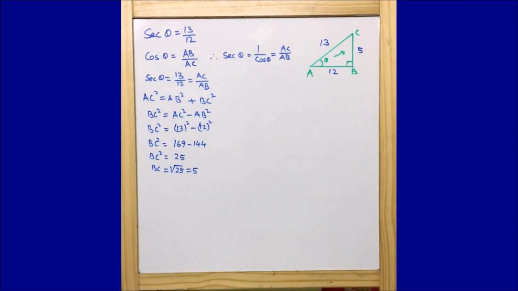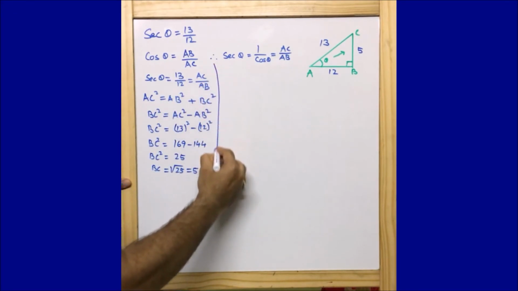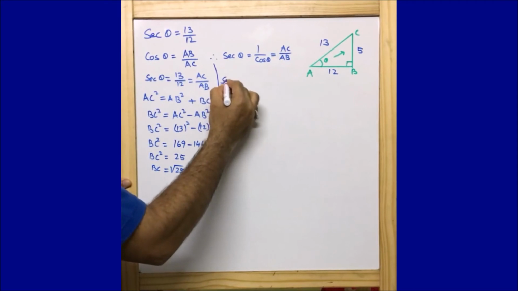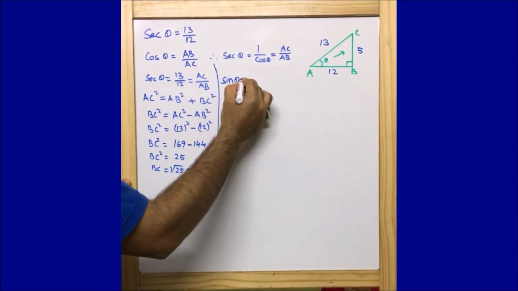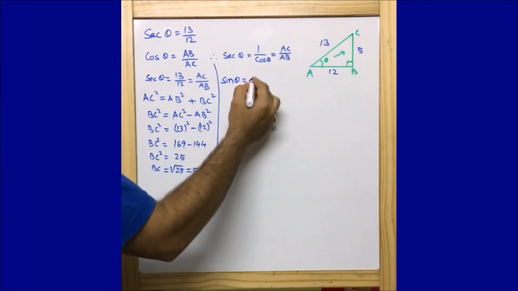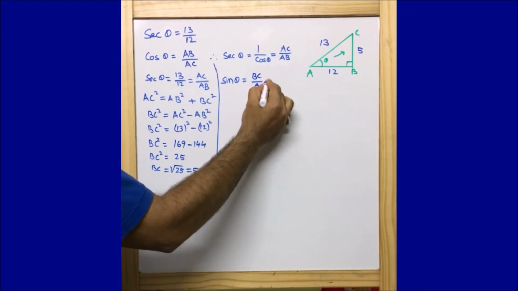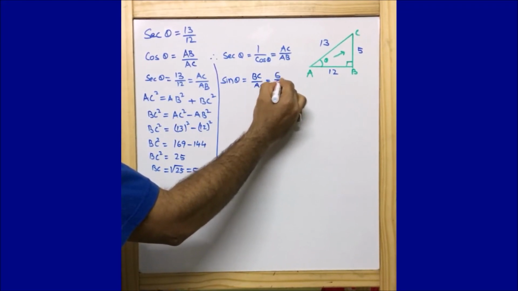With these things in hand, let us move ahead and find the other trigonometric values, because as per the question, we need to calculate all other trigonometric ratios. Only sec theta is given, so we are going to find out the others. Sin theta is equal to the side opposite to theta, that is BC, by the hypotenuse, which is AC, that is equal to 5 by 13.